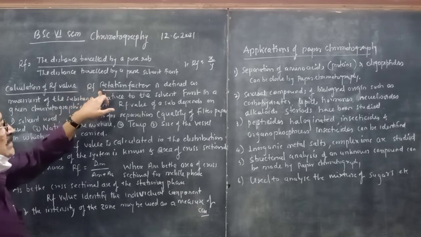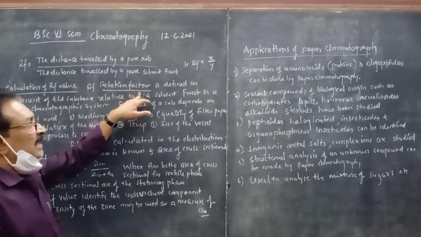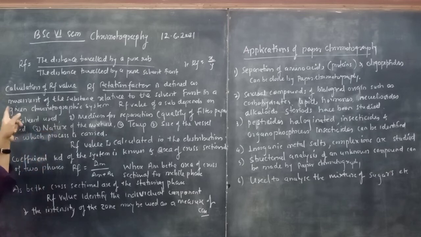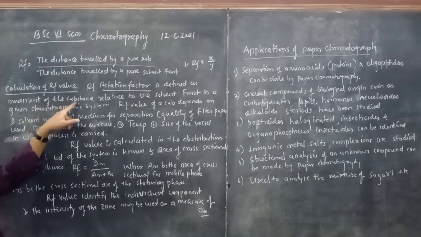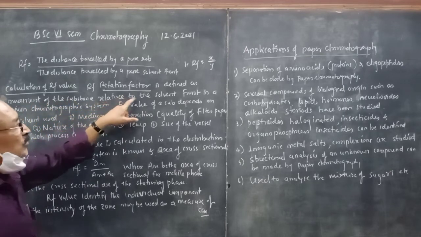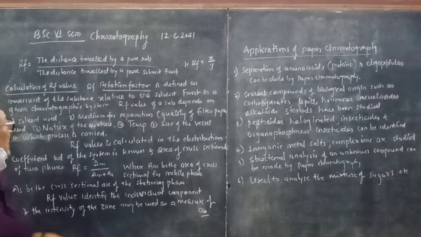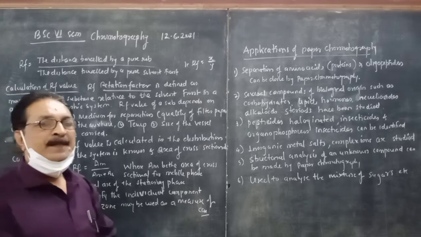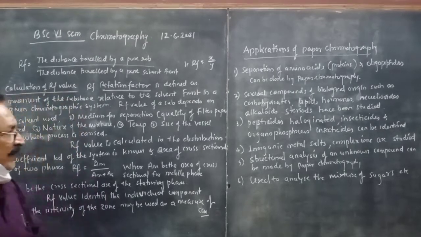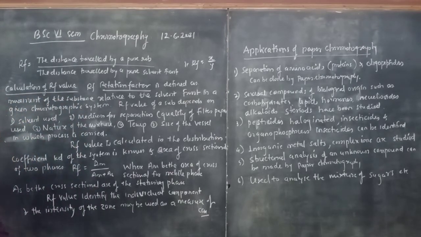The RF value is nothing but the retention factor, and it is defined as the movement of the substance relative to the solvent front in a given chromatographic system. Already paper chromatography was studied. There is a stationary phase as well as a mobile phase, and both are in liquid state.